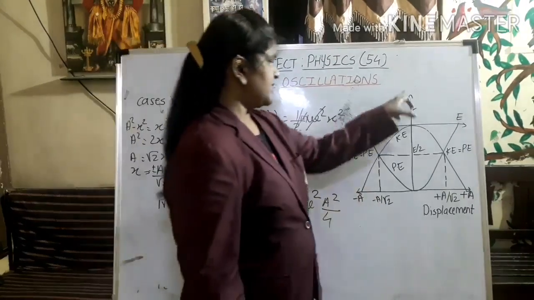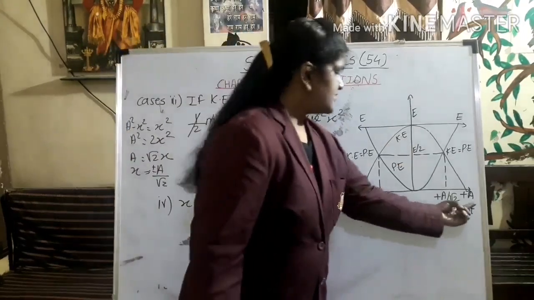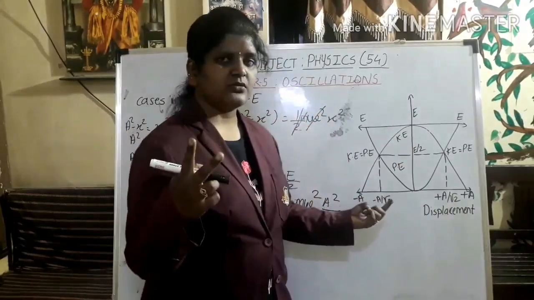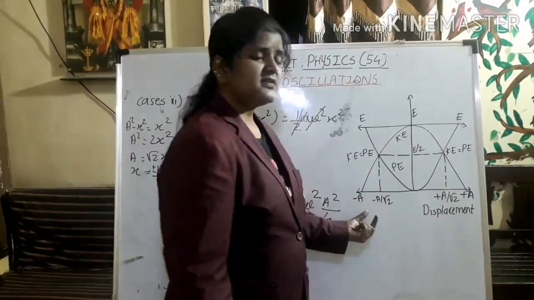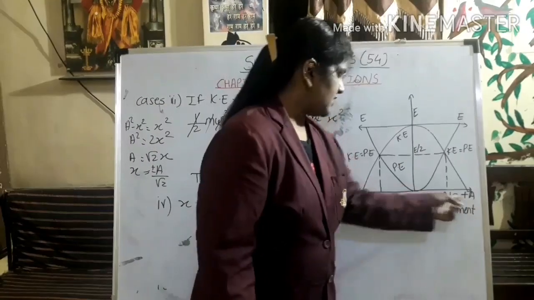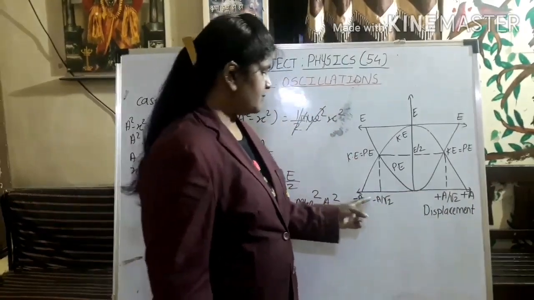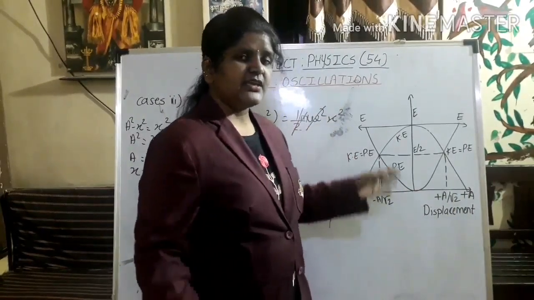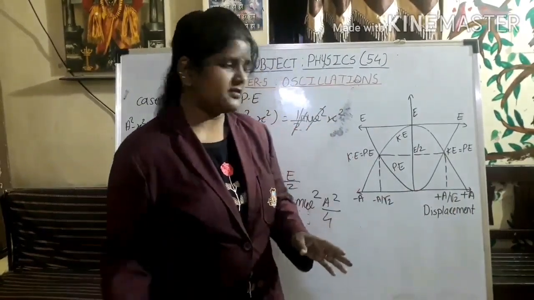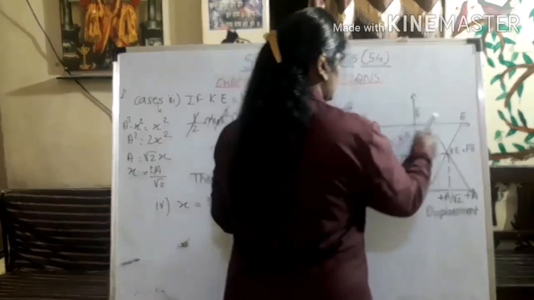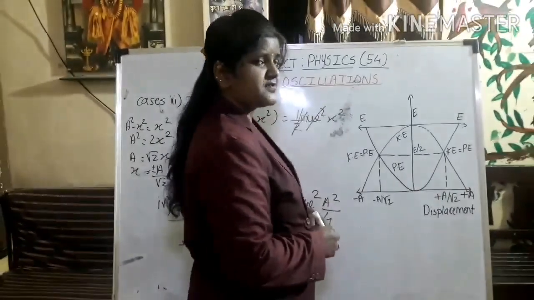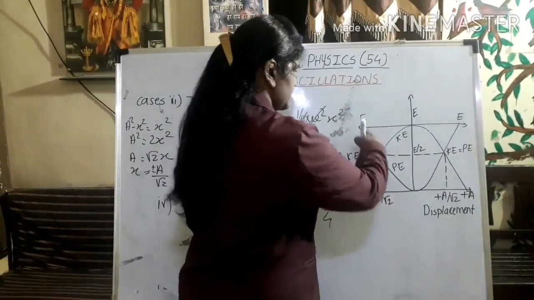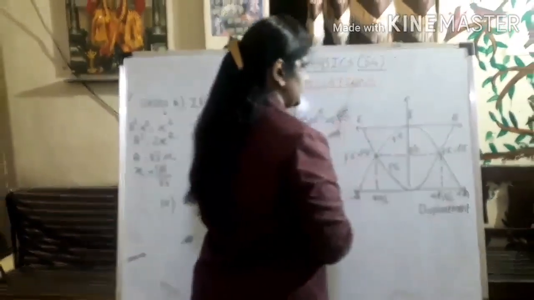In the graph you can see energy is there, displacement is there. In both we have to consider displacement as either plus a or minus a. Then a by root 2 or minus a by root 2. This is the curve of kinetic energy, and this is the curve of potential energy.